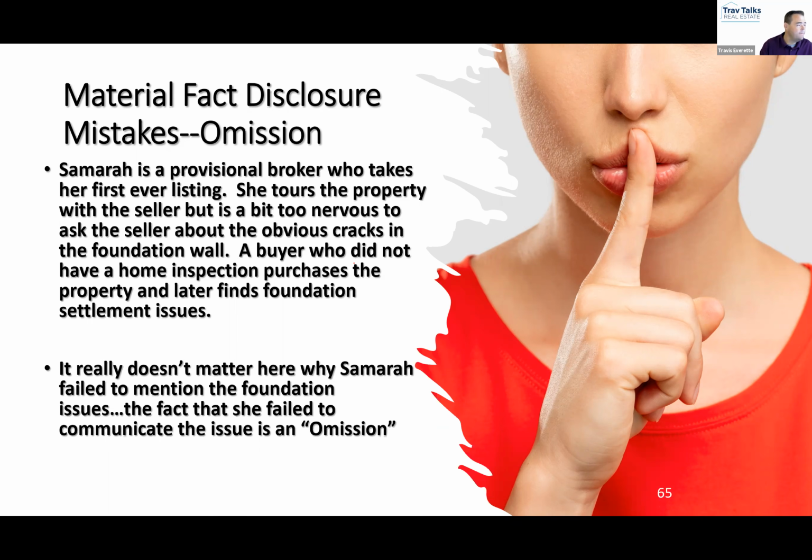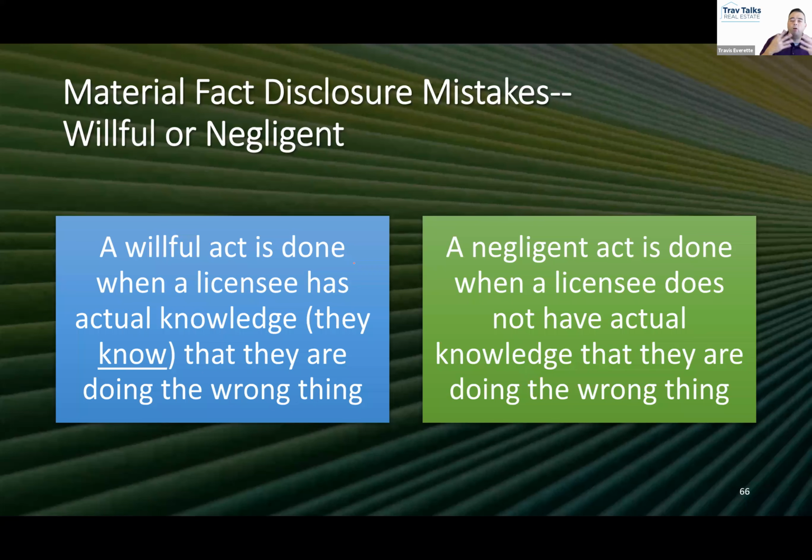Now, they will on the test throw additional words in there called willful or negligent. This just refers to intent. If somebody did it on purpose, it's willful. If somebody did it without intending to, it's negligent.